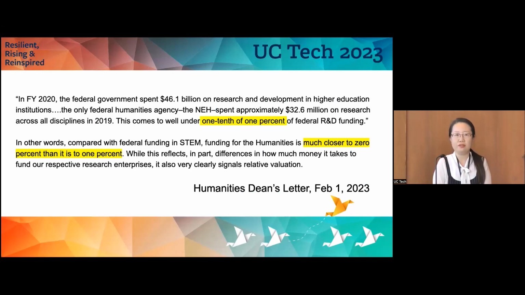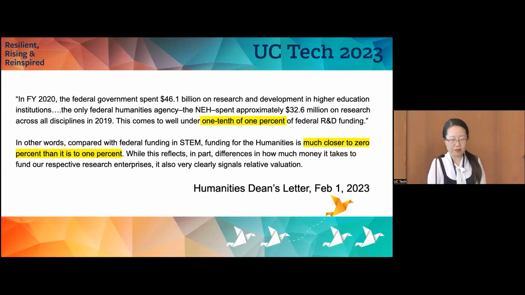Another major challenge of digital humanities is the cost. This is a quote from our Humanities Dean's letter on February 1, 2023. You can see the stark imbalance between funding in STEM fields and digital humanities.